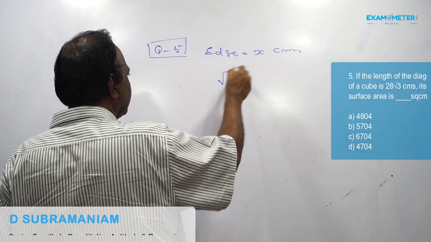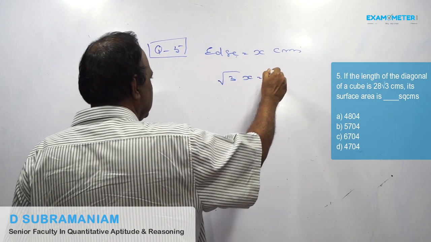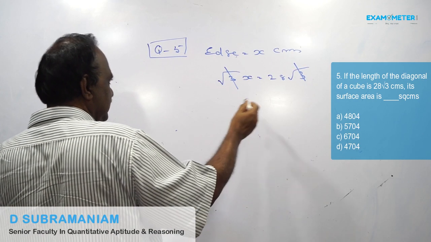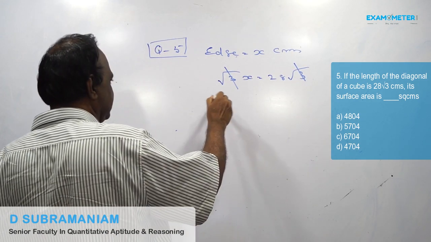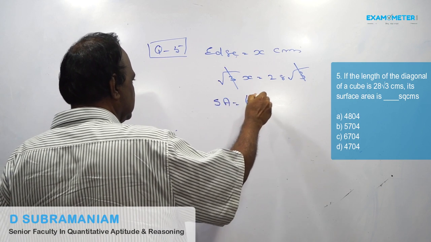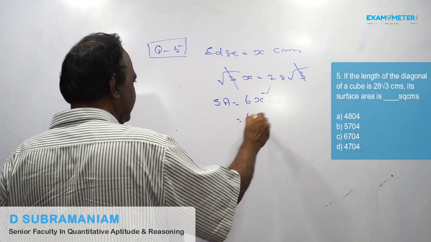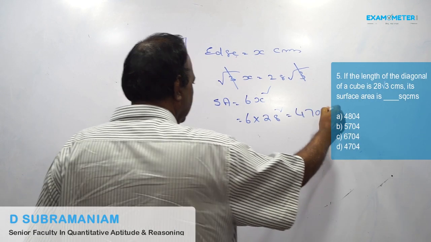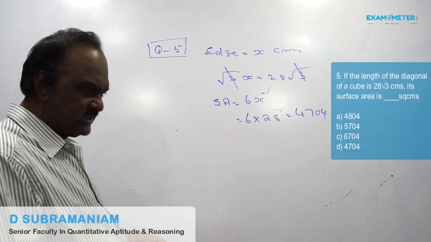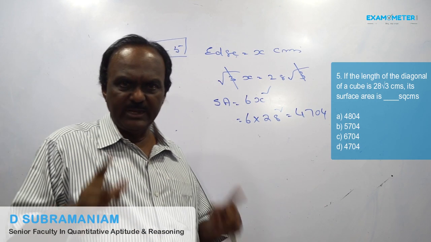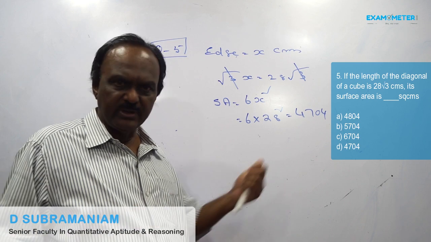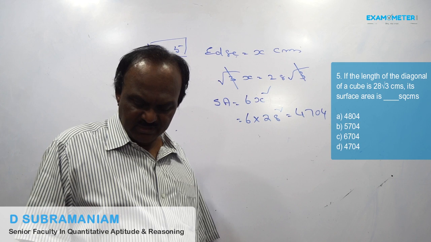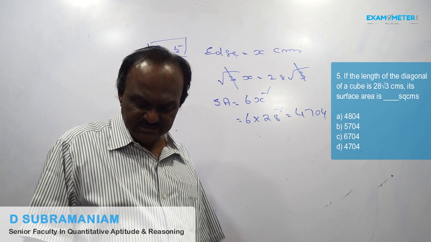So root 3 x is equal to 28 root 3. Therefore, x value comes to 28. Surface area is 6 into x square, 6 into 28 square. 28 square is 784. 784 into 6 is 4704. So answer is 4704, multiple choice D.